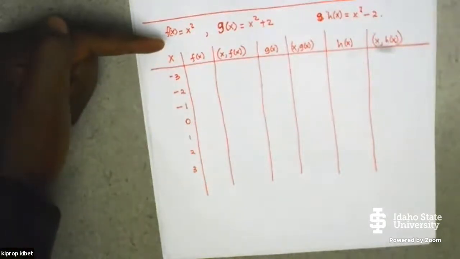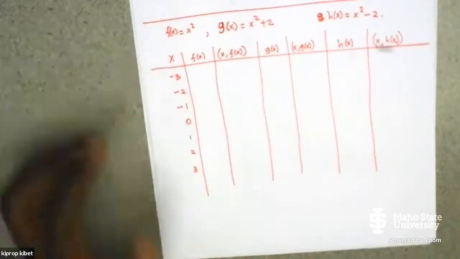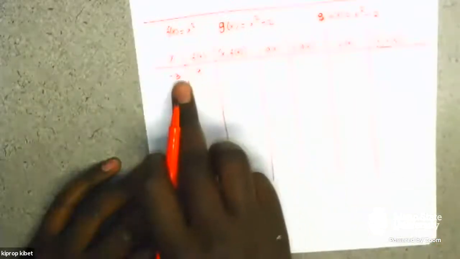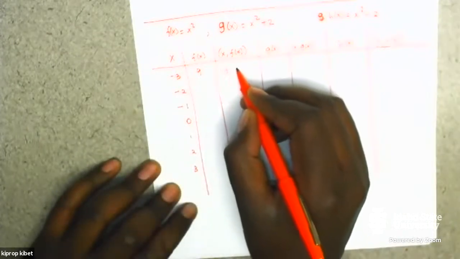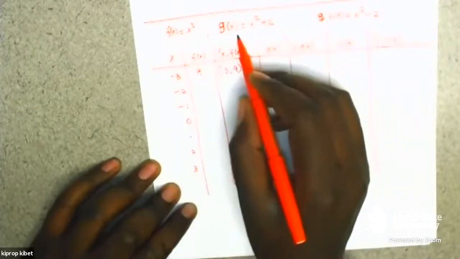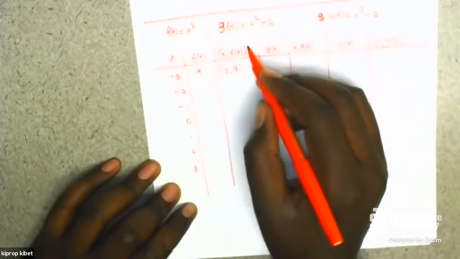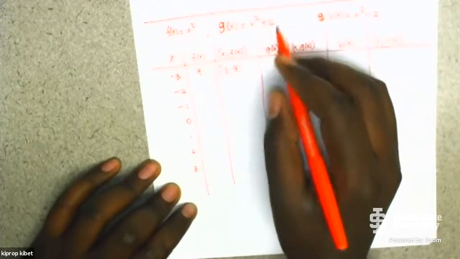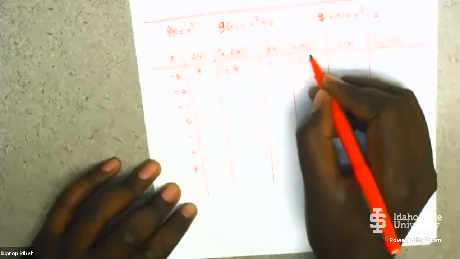Now, in f of x, when x is -3, then x squared is 9. So this will be -3 and 9. For g of x, 3 squared is 9 plus 2 is 11, so this will be -3 and 11.